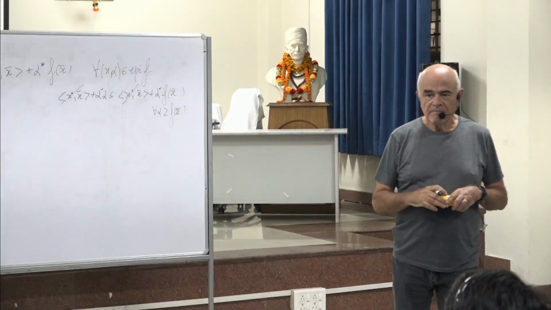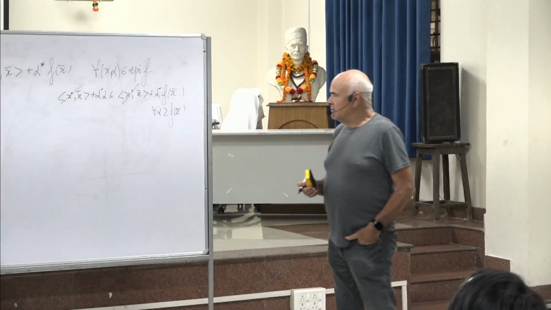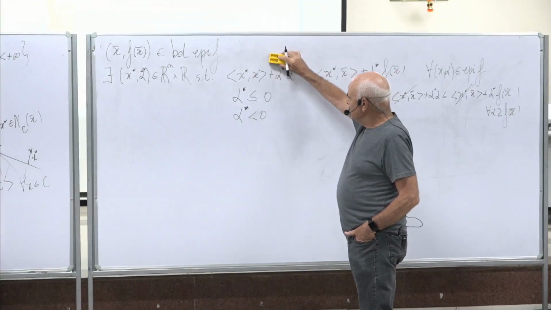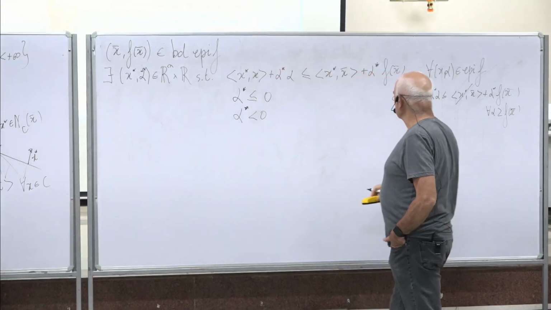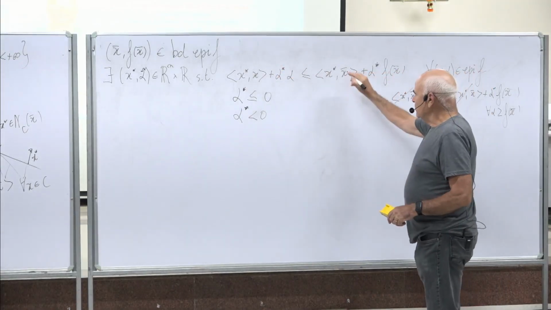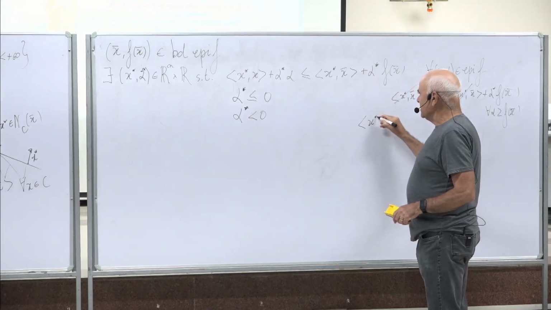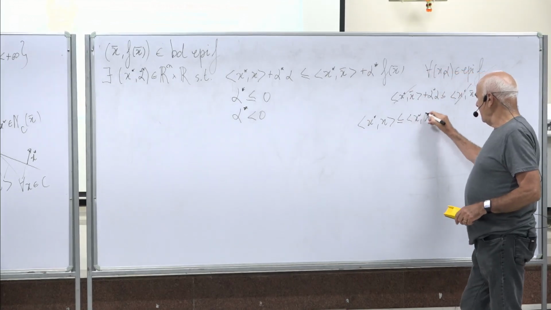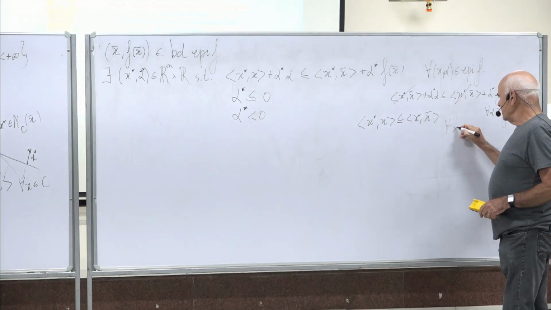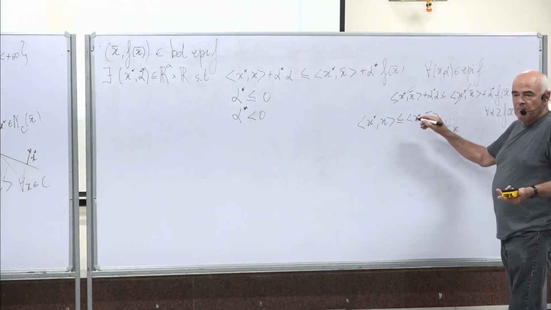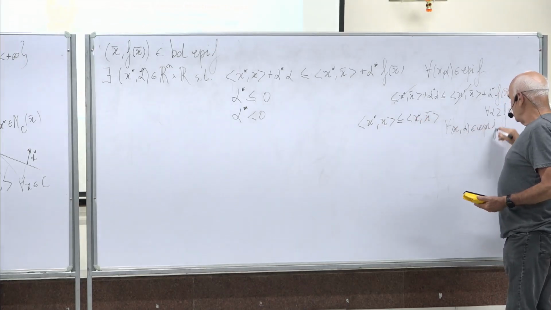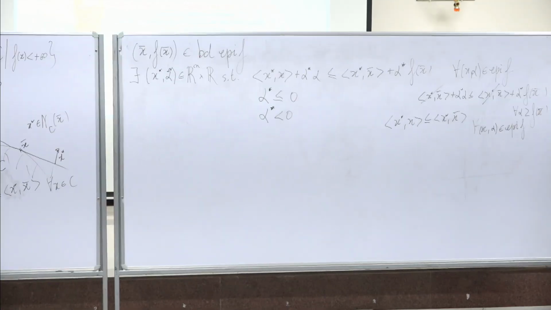Do you see a reason why this should be the case? Suppose for a moment that alpha star is equal to 0, then it disappears from this formulation, okay? And then we would have x star x less than or equal to x star x bar for every x alpha, even though alpha doesn't appear here, for every x alpha in the epigraph of f. Is this possible?